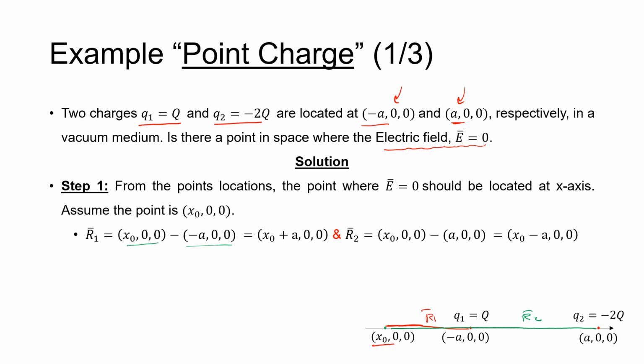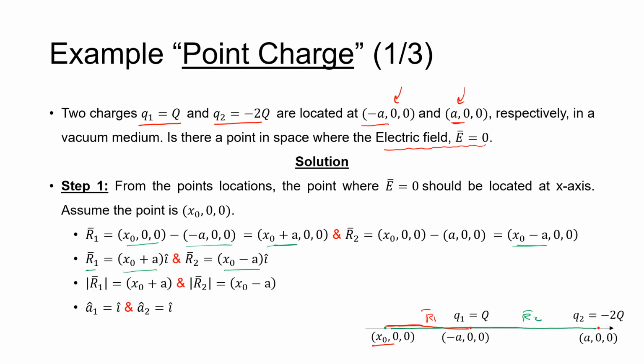So simply you will get this result. And for R2 the same, but here you will get x naught minus a, and we can rewrite this in terms of vectors. So R1 is just in the x direction, x naught plus a in the i direction, and R2 is x naught minus a in the i direction also.